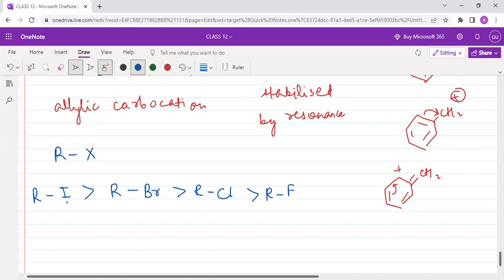The maximum size will have the maximum bond length, right? And you should know that the strength of the bond is inversely proportional to bond length. So if the bond length is large, bond strength will be less, and if the bond strength is less, we can easily break that bond, and then the carbocation will be formed. Yes or no? Yes, ma'am.